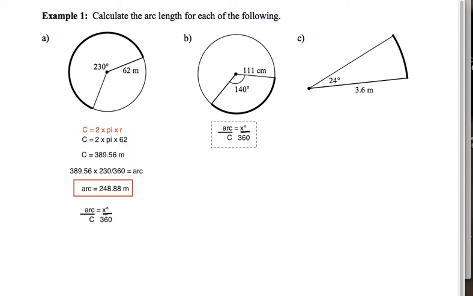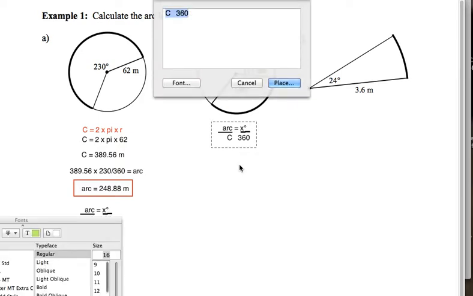So now let me plug in the numbers that I know. I don't know what the arc is. I do know what x is. It's 140. So let me plug that in first. I still don't know what the arc is, but what was the number in this case? Oh, I didn't write it down. 140 degrees.